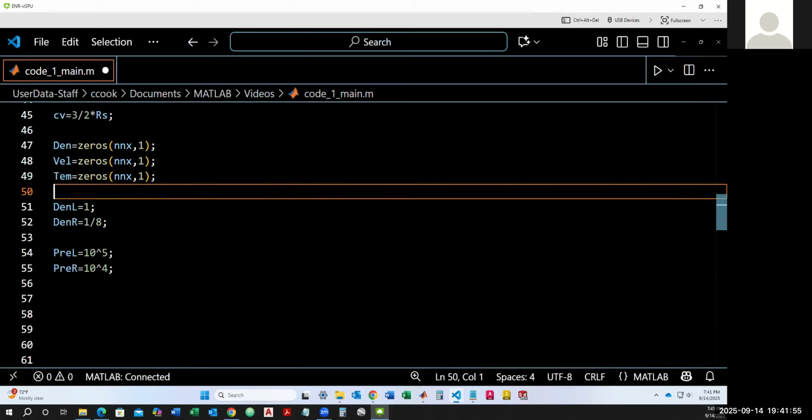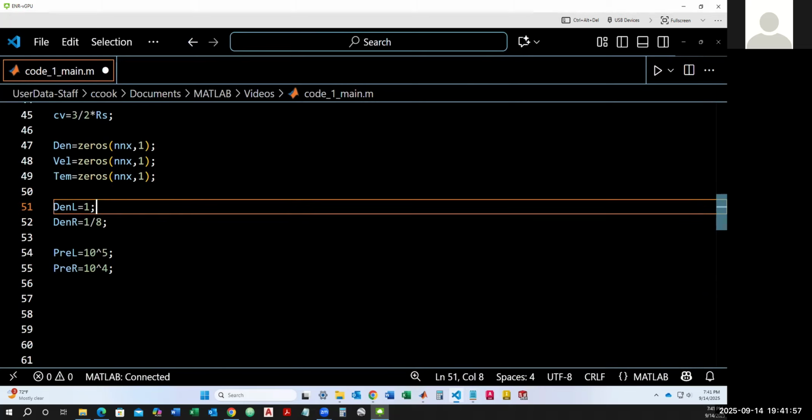The density in the left region will be 1 kilogram per meter cubed. The density in the right will be 1/8. The pressure in the left region will be 10 to the 5th pascals. The pressure in the right region will be 10 to the 4th pascals.